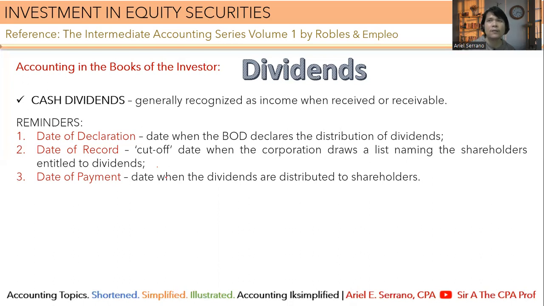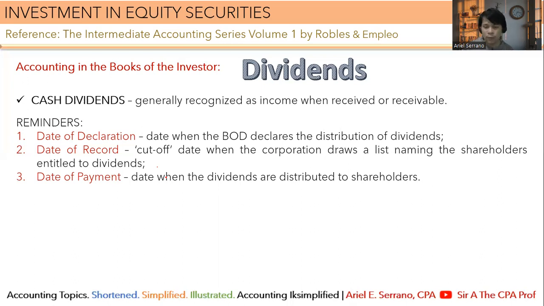Kasi halimbawa, ngayon ay July. Nag-declare ako ng dividend. Tapos, babayaran ko yan by the end of the year, halimbawa, December 31. Pero sinabi natin na, I am a publicly listed entity, at yung mga entitled to dividends ay yung mga shareholders as of the end of August.